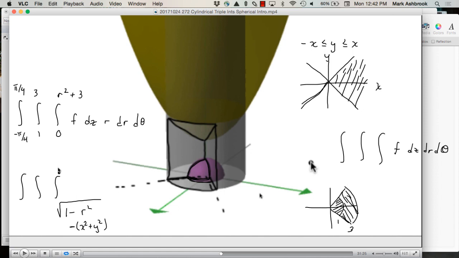It still comes out r squared plus 3. Then we're talking about this. That's where this happens, 0 to 1. Okay, so a complicated solid, but because we chose cylindrical coordinates, the limits aren't really that bad, right? They're not too bad. Ask me about it on the way out if you need to.